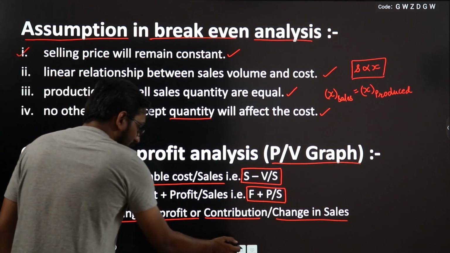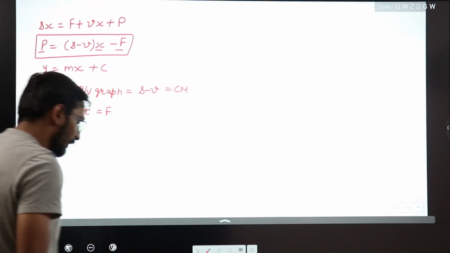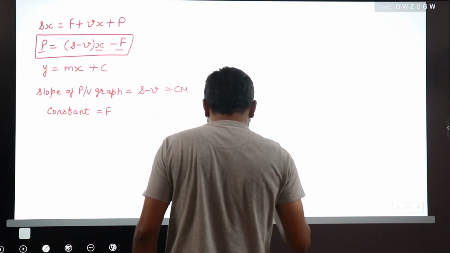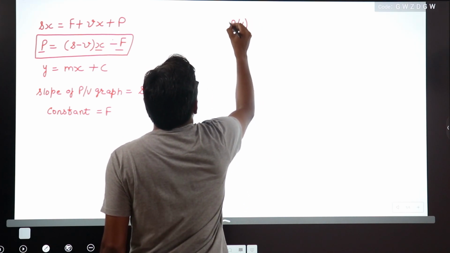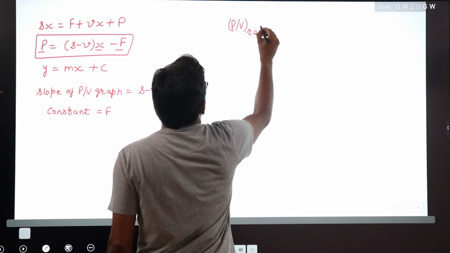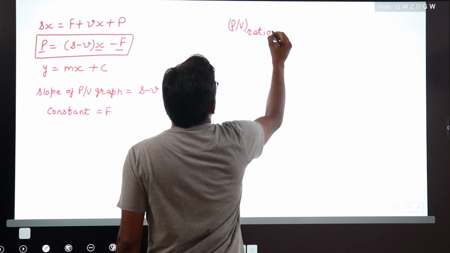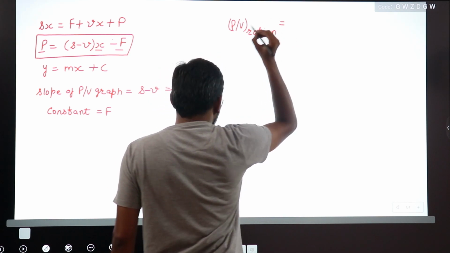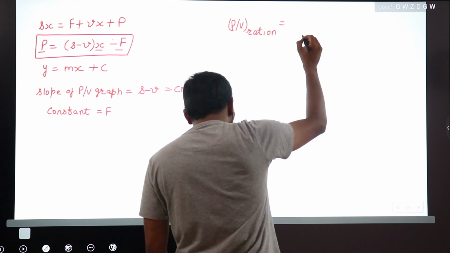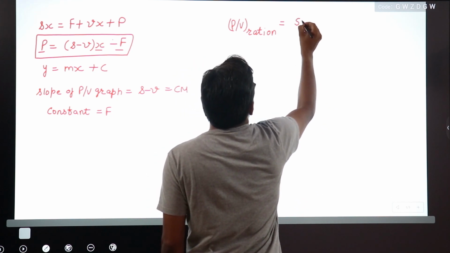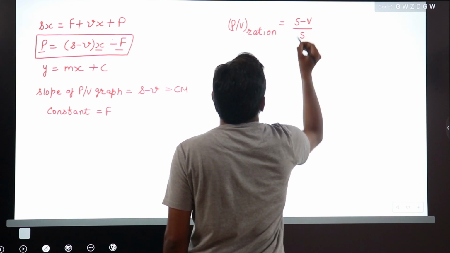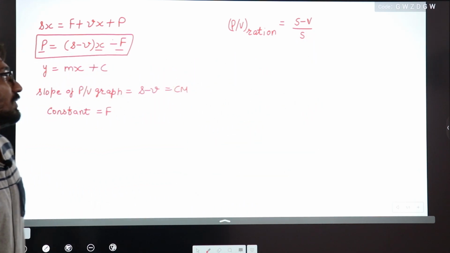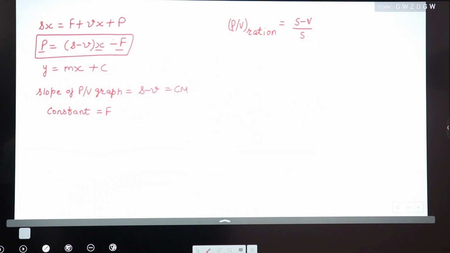So what will be the profit volume ratio? It will be equal to sales minus total variable cost, divided by sales.